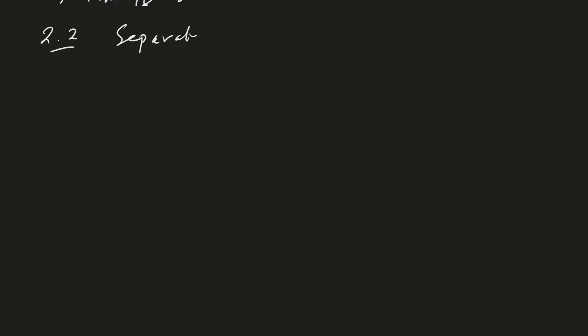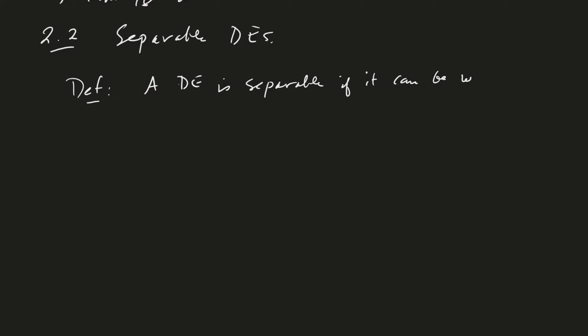So, separable differential equations. We will define that to mean a DE is separable if it can be written as dy dx, notice that's just defining your variable for your independent and your dependent variables, equal to a product f of y times g of x.